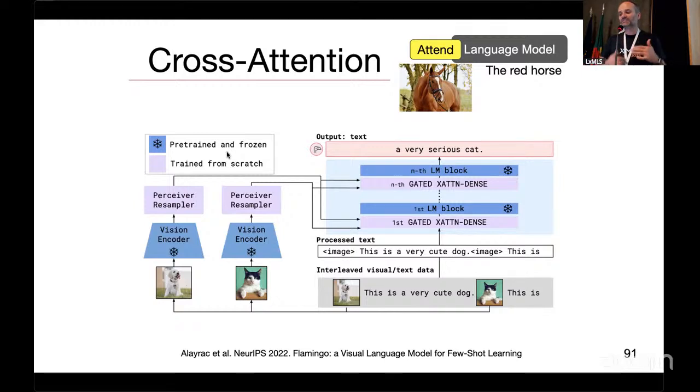And you do this by adding cross attention layers into the model. The first example I know of this was Flamingo from NeurIPS 2022. And they did this by taking a frozen language model, a frozen visual model, and training these cross attention layers. And this has been a highly influential approach within the literature.